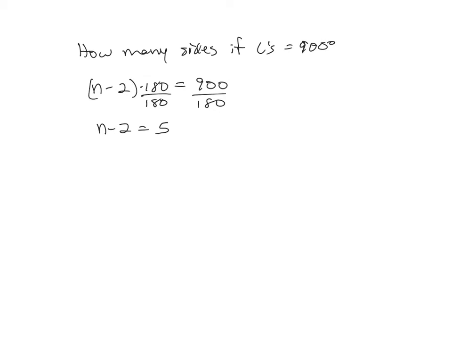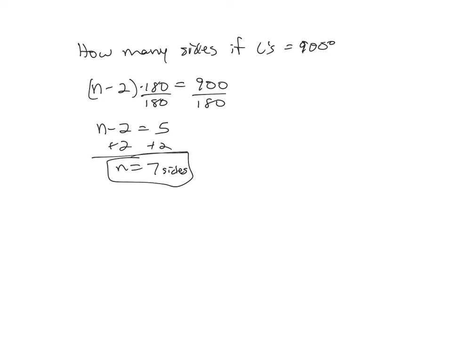Use a calculator if you need to, but 900 divided by 180 is 5. And then you can just add 2. So it would have 7 sides. You'll have a couple problems where it gives you the total.